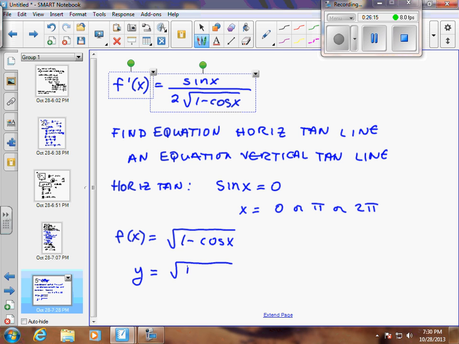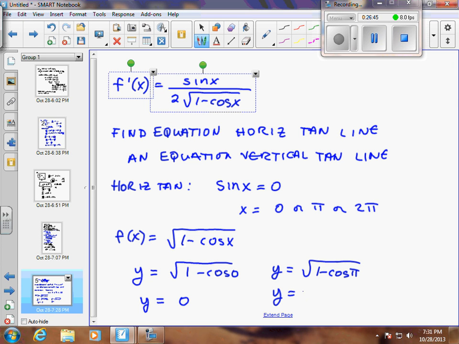So the cosine of 0 is 1, so that would give me y equals 0. What about if I put in pi? 1 minus the cosine of pi is 1 minus -1.